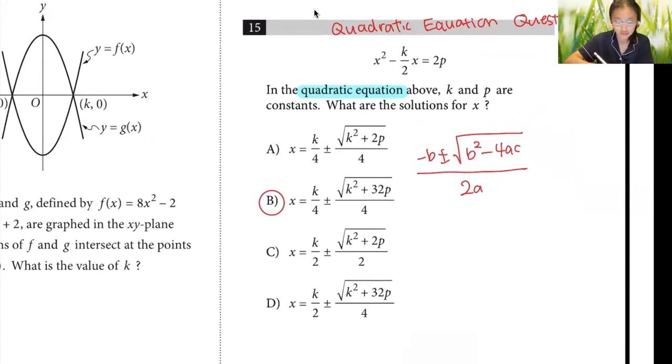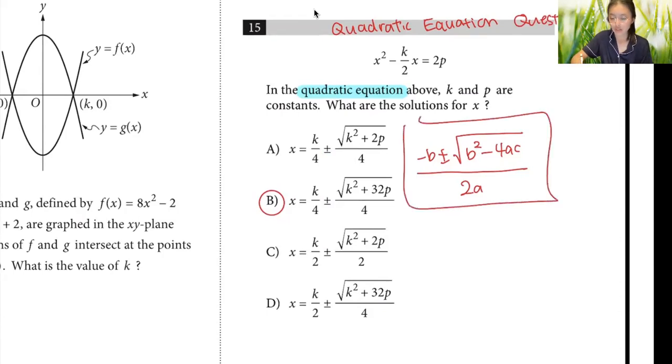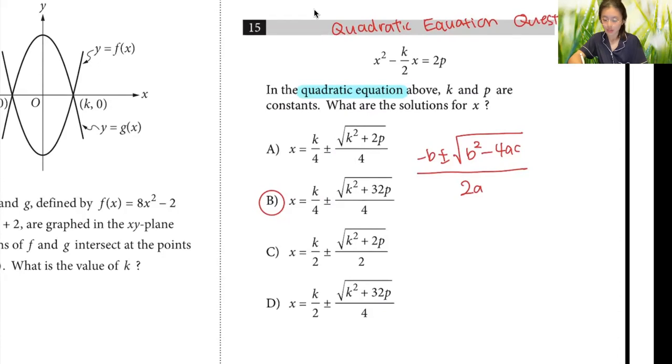But also, since the SAT has limited content, whenever you see these plus-minuses with the square roots, you'll know it's a quadratic equation question and it's testing you on whether or not you know this bad boy right here. Negative b plus minus square root of b squared minus 4ac, over 2a.